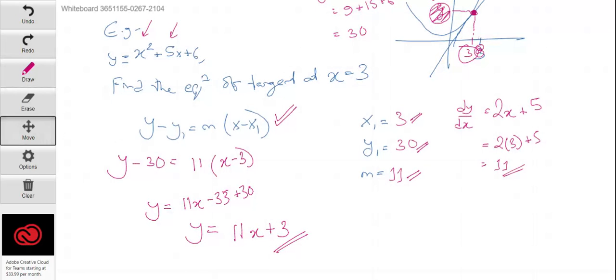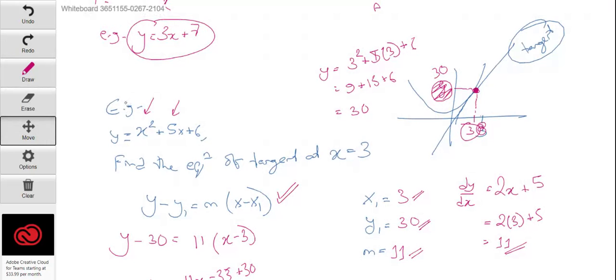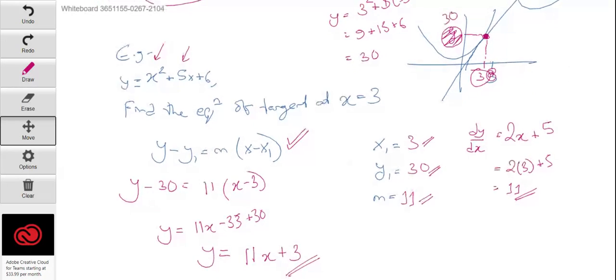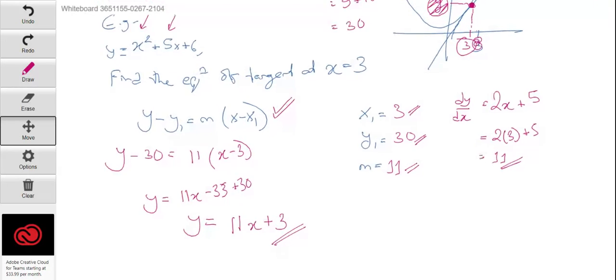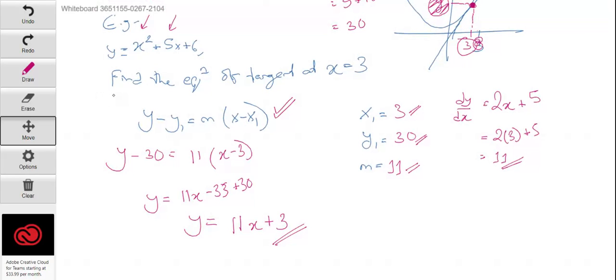So hopefully that clarifies the idea of how to figure out the equation of the tangent. Once you figure out the equation of the tangent, they may ask you questions related to coordinate geometry. For instance, where does the tangent cut the x-axis? Where does the tangent cut the y-axis, right? So you need to have a decent grasp of coordinate geometry if you want to solve these questions properly.